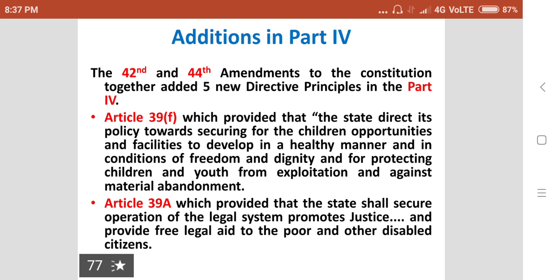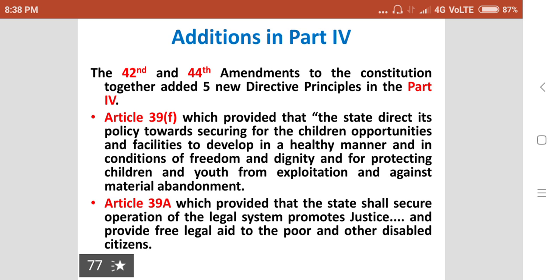Article 39F, which provided that the state direct its policy towards securing for the children opportunities and facilities to develop in a healthy manner and in conditions of freedom and dignity, and for protecting children and youth from exploitation and against material abandonment.